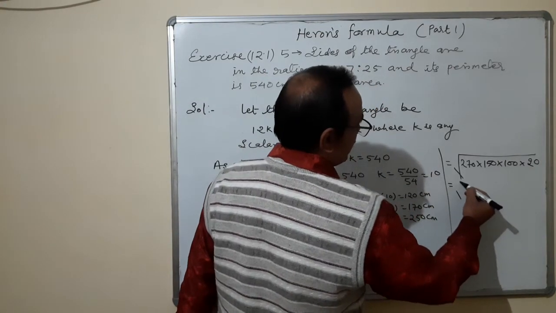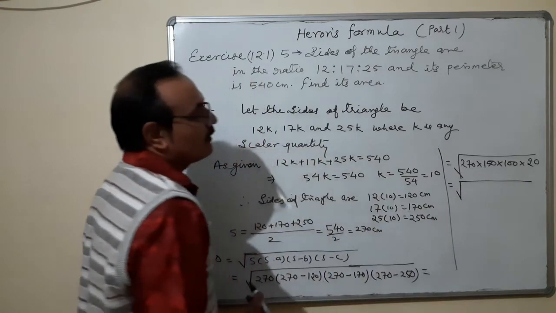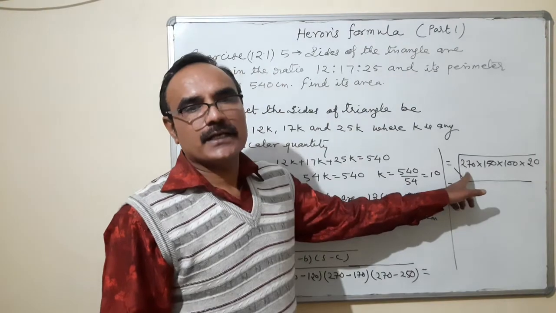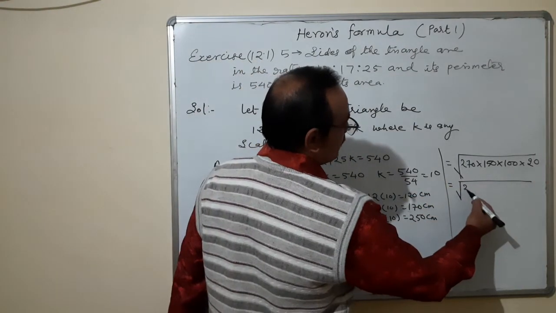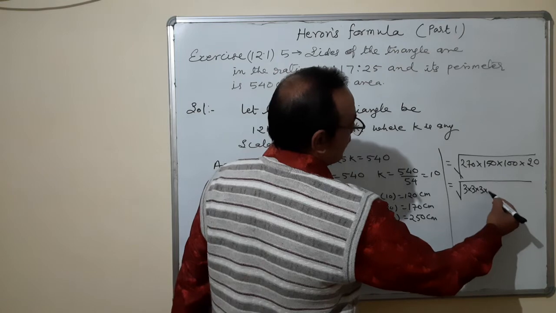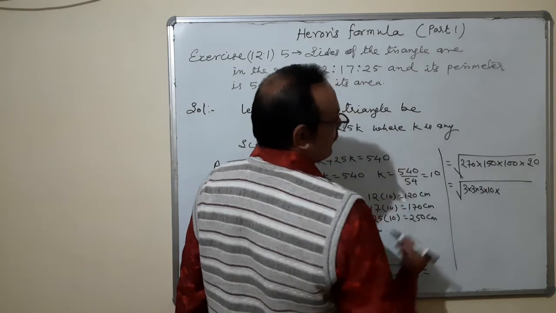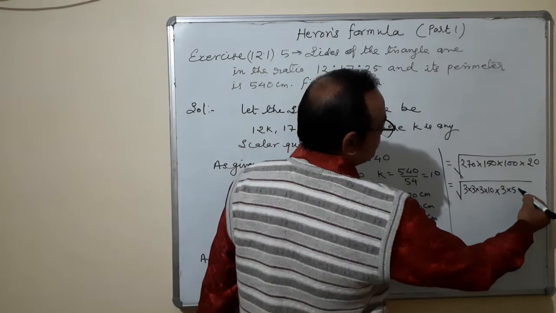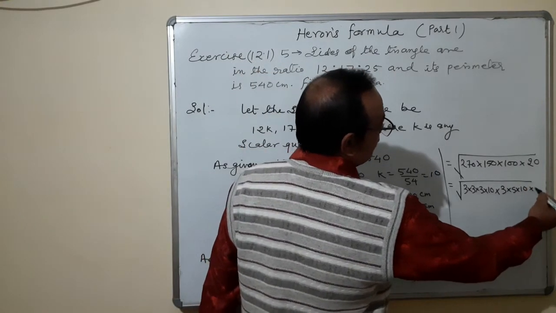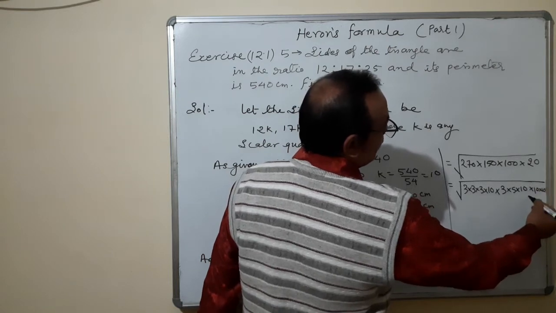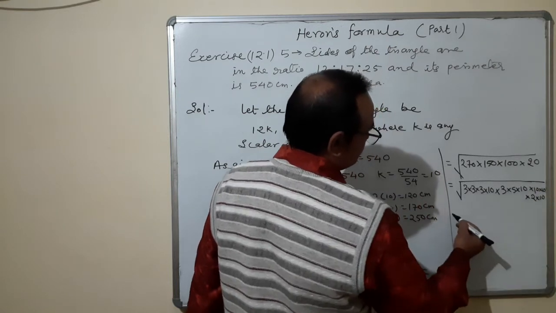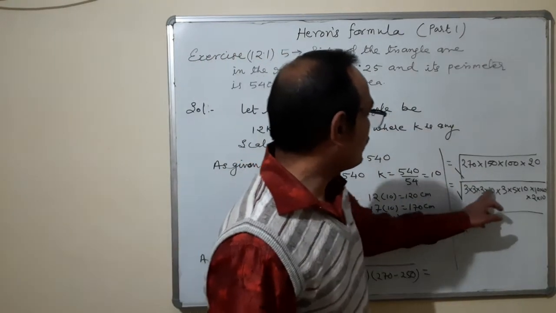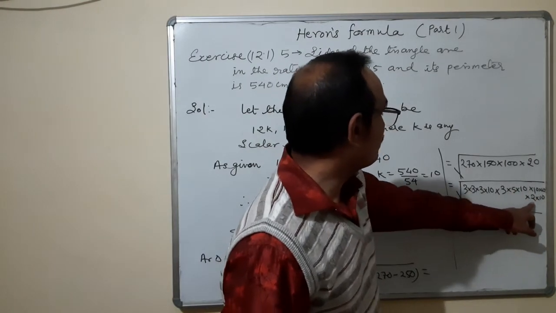Okay. We'll make a prime factor of it. 270 is 27 times 10, and 27 is 3 into 9, so I write here 3 multiply 3 multiply 3 multiply 10. 150 is 3 into 5 into 10. 100 is 10 into 10. And 20 is 2 into 10. Now you can check it. 2 is coming only one time.